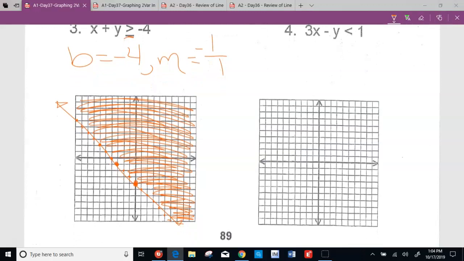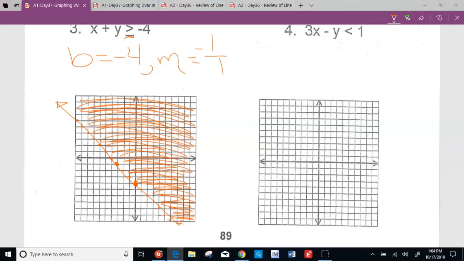So now try on your own doing number 4, and then I'll jump in and we can compare to make sure we got the right graph with the right line, with the right shading, with points. Make sure you write down your y-intercept, your slope, all that good stuff. So go ahead and start number 4 now.